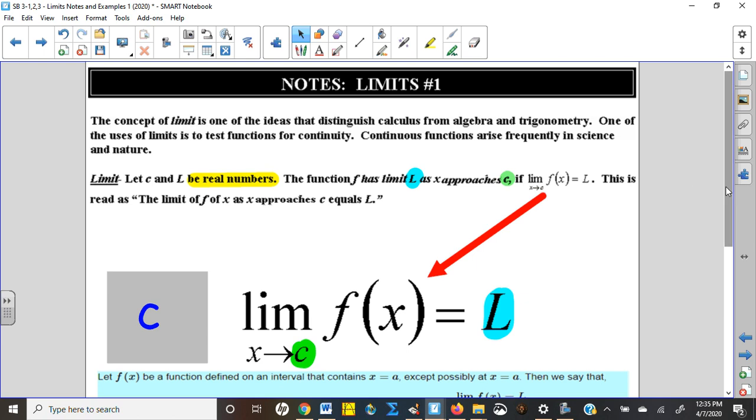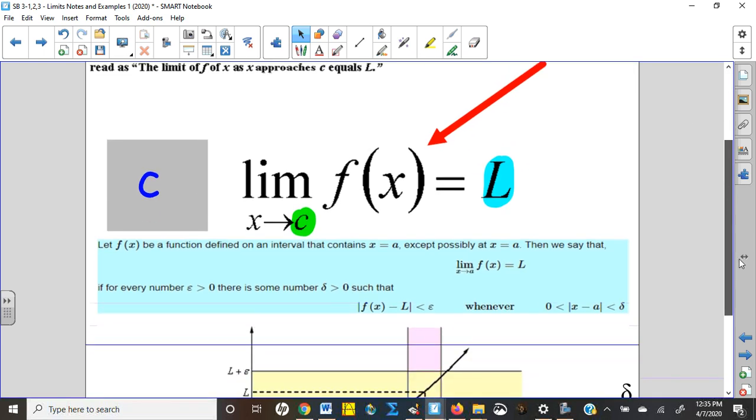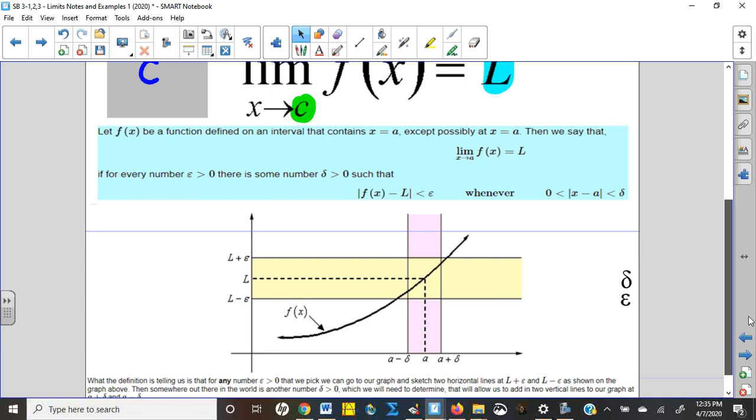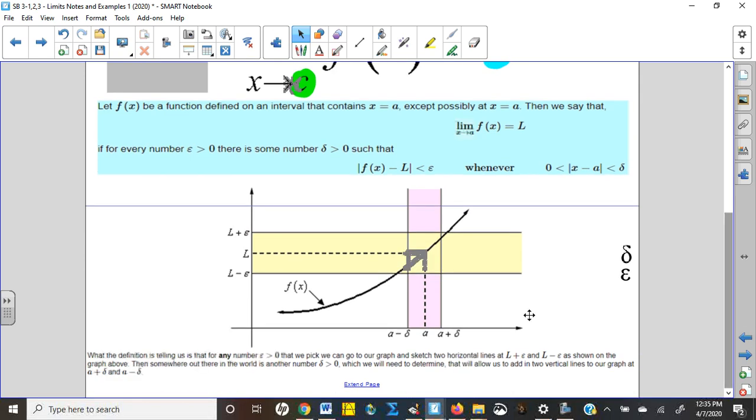Now, I do have here more of a calculus-y definition of limits. It kind of throws people off a little bit because we get into a couple new symbols that you haven't seen before. This is delta.